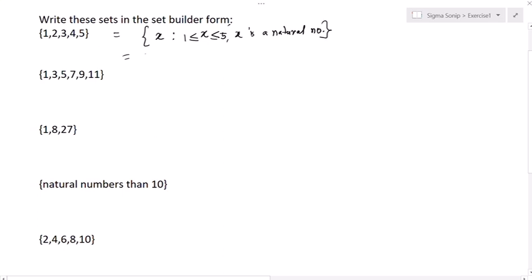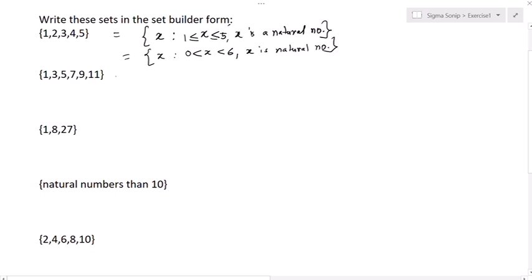There's no one way of describing a set in the set builder method. You can write it in many different ways. So for example, I could write like this as well, and it still is a valid representation of this set. x is a natural number.